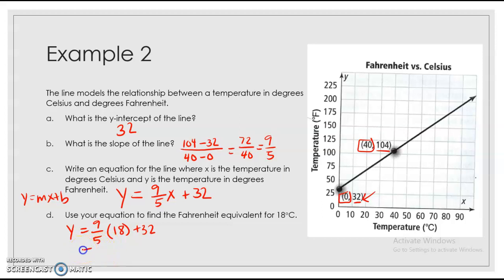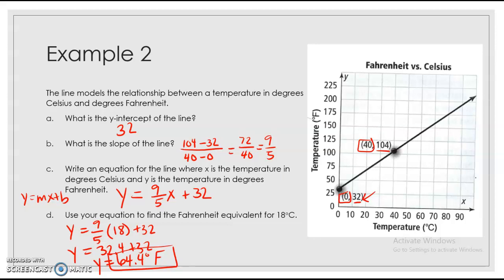So right now I have that this is equal to 32.4 plus 32. And when I add those together, y will equal 64.4 degrees Fahrenheit. So 64.4 degrees Fahrenheit is equivalent to 18 degrees Celsius. 64 sounds much nicer than 18.